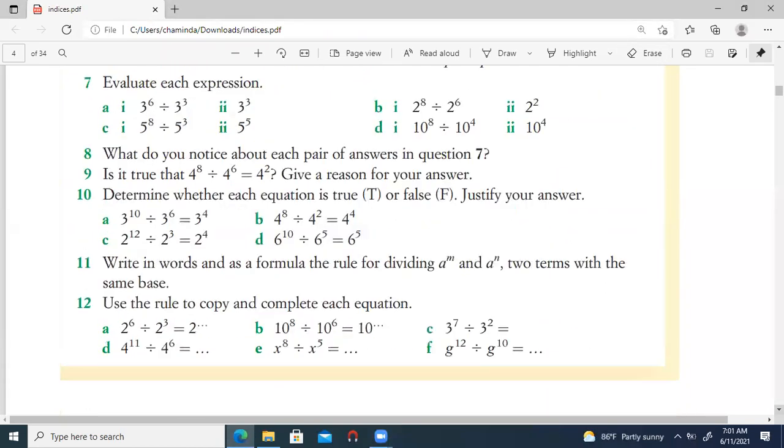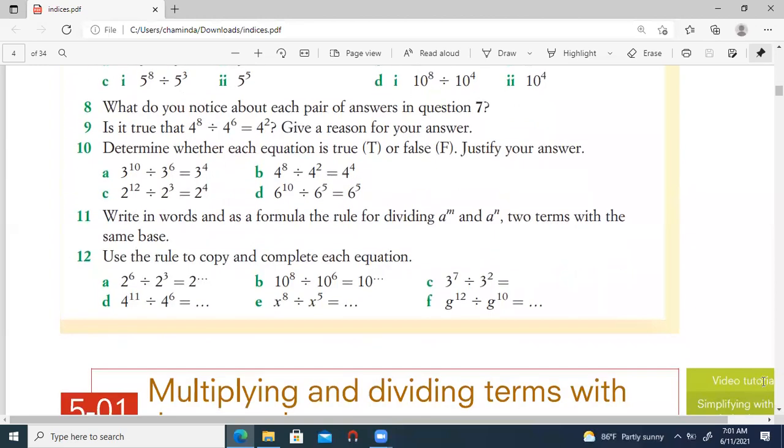Right, let's see. We have done this one. Dividing rule. Can you write the dividing rule for this one? A to the power m and a to the power n. Darune, can you write the dividing rule for this one?